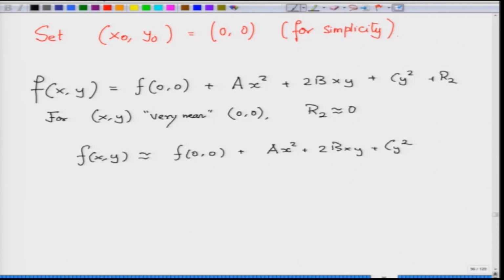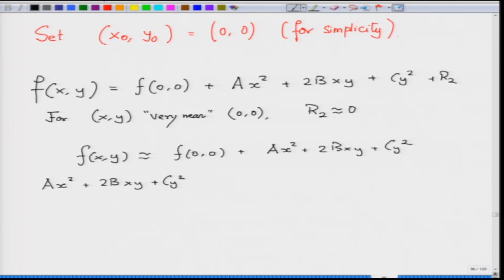Now, look at the function a x square plus 2b x y plus c y square.